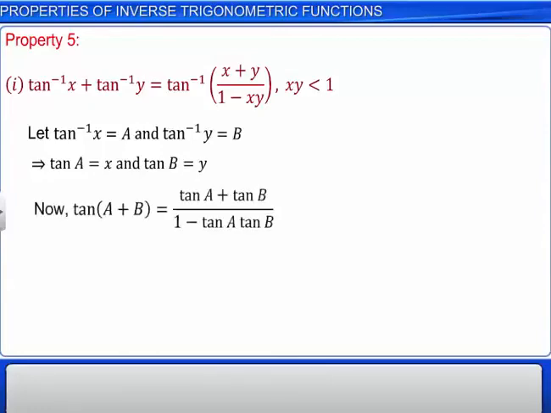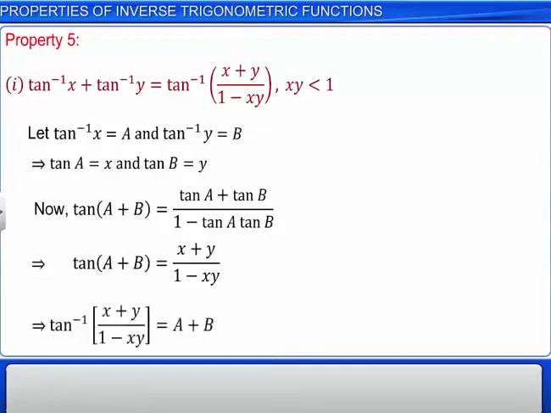Now, tan of a plus b is equal to tan a plus tan b upon 1 minus tan a into tan b. Substituting the values of tan a equal to x and tan b equal to y in the equation, we get tan of a plus b is equal to x plus y upon 1 minus xy.